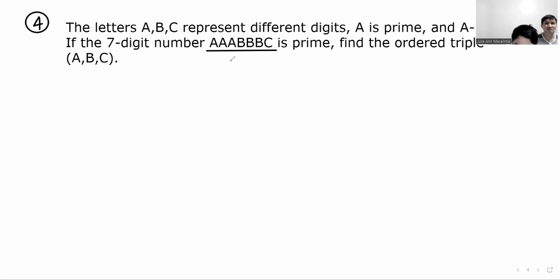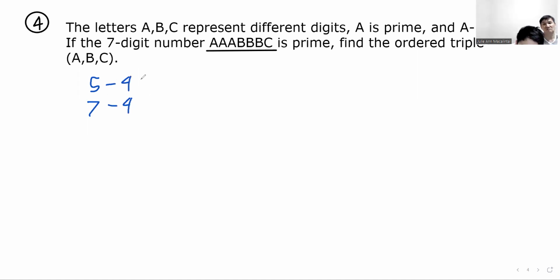So there are only two primes, 5 and 7, that are digits.